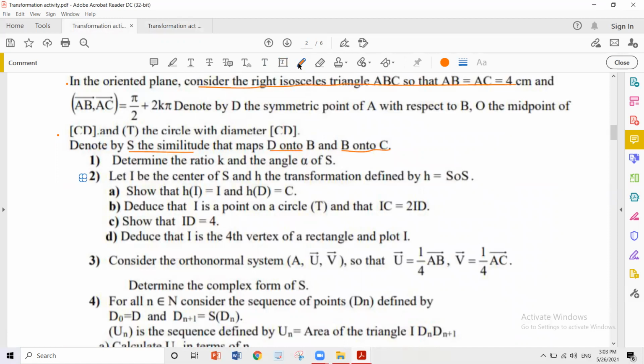Part 2. Let I be the center of S and H is the transformation defined by H equal S round S. Show that H of I equal I and H of D equal C. How to prove H of I equal I?